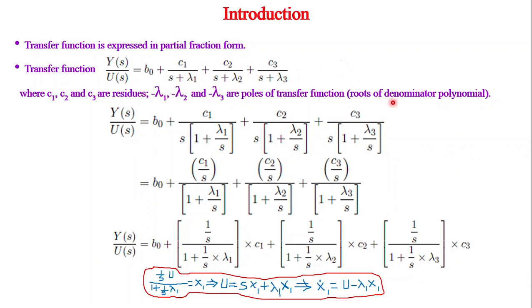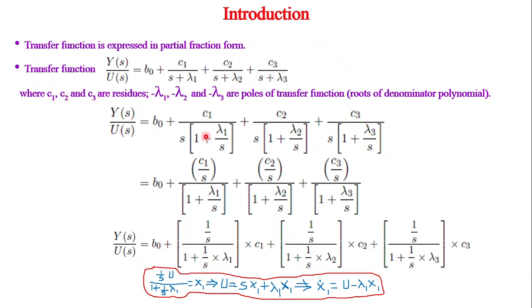So unlike the phase variable form, here the poles of the transfer function, which have meaning for the physical system, are taken for the formulation of the canonical variable form. That means it has some sort of physical relevance. So these C1, C2, C3 are partial fraction residues.